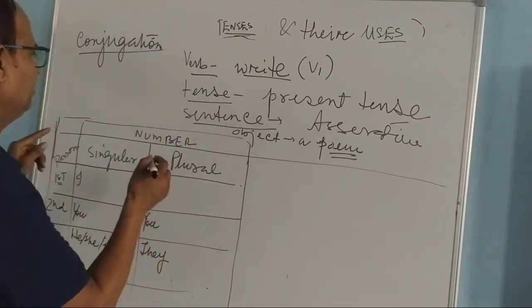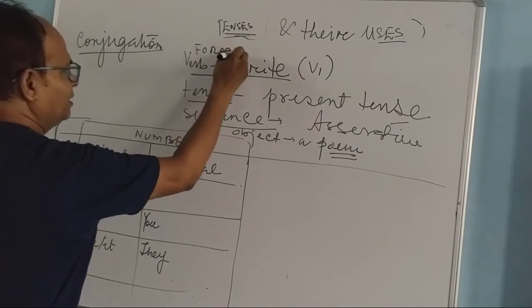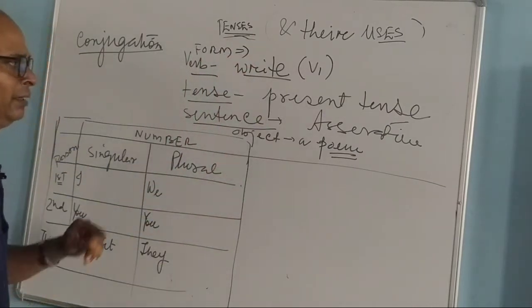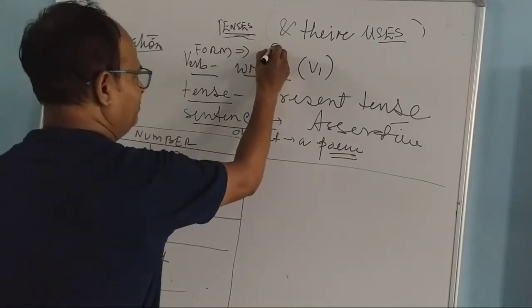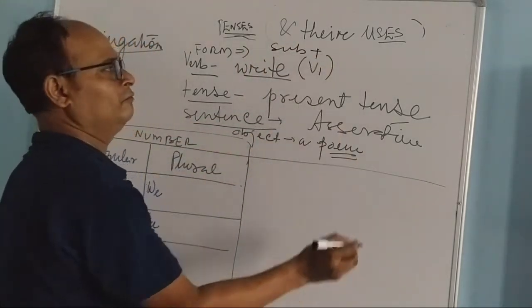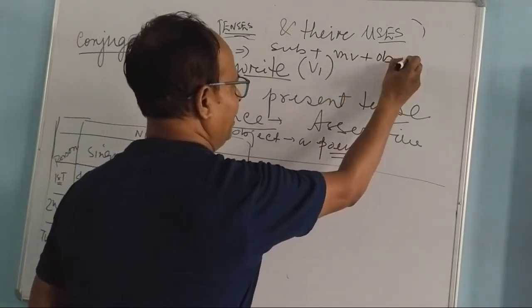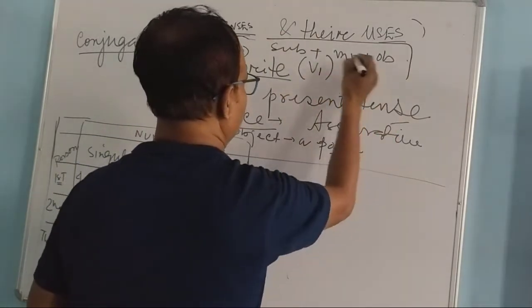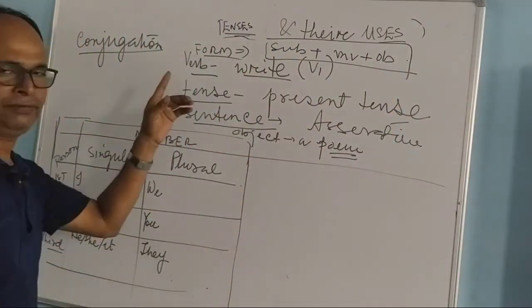Before that, let us see the structure of the sentence in the present tense. There will be the subject first, followed by the main verb, then the object, and then the full stop. So, this is the format, this is the form.